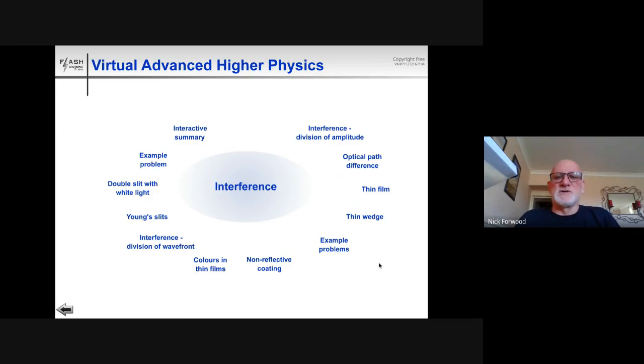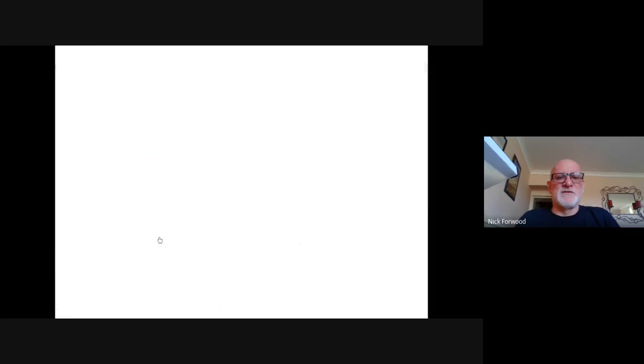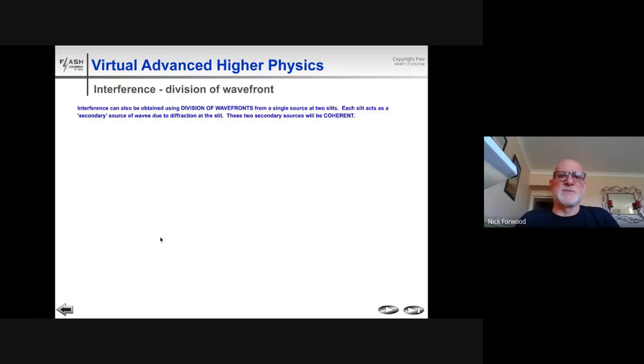So if we look at anything, this interference by division of wavefront, you'll get, hopefully, if it's working, oh, now here we go. It takes a bit of time to load up, and you've got basically a sort of interactive set of notes, and you can have a look.